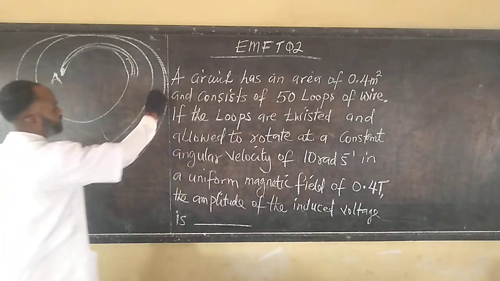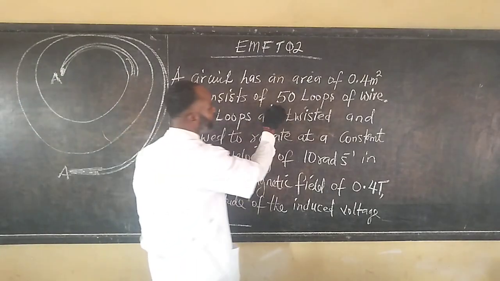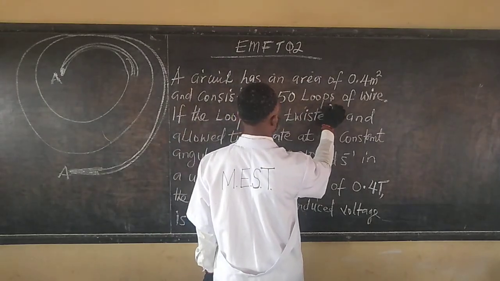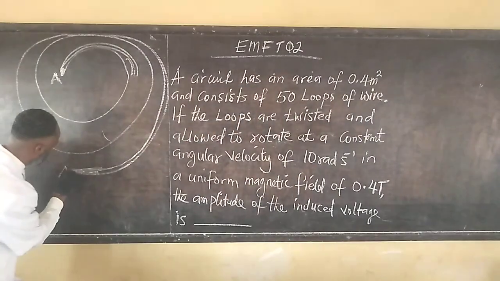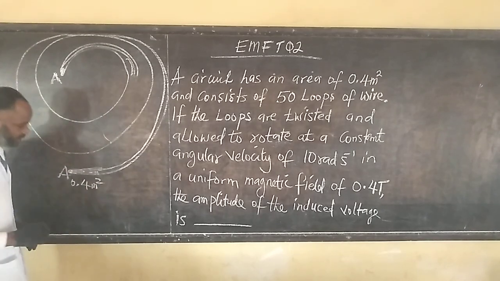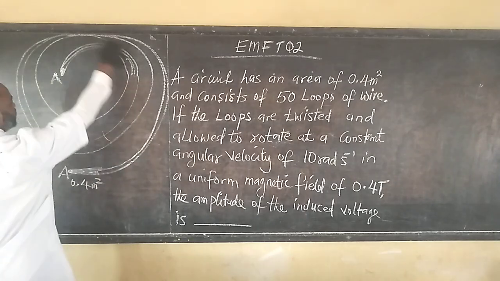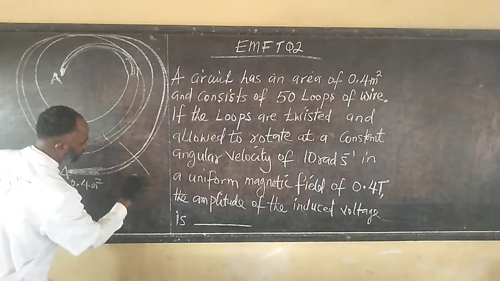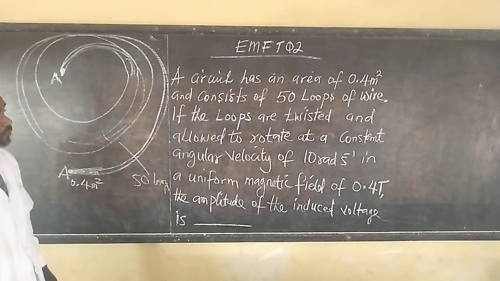Maybe we run this 1, 2, 3, 4 until we have 50 loops. But the area is 0.4, that means this cross-sectional area is simply 0.4 meters squared. Number of turns, loops that we have, is simply 50 loops. Correct.